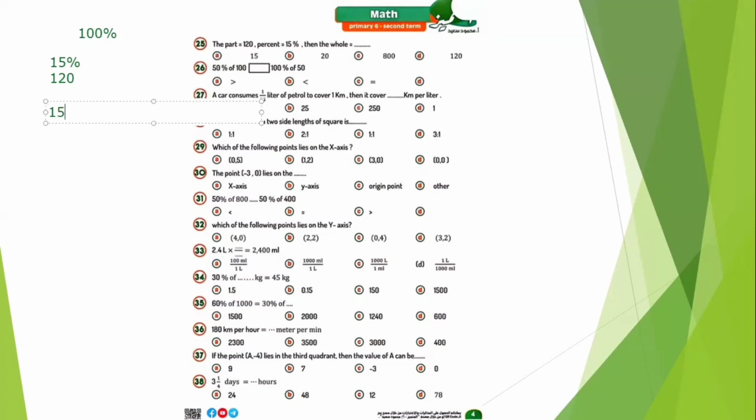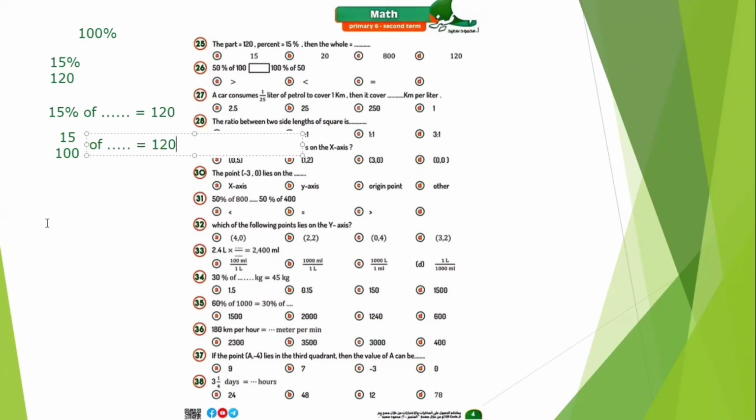15% of the whole, which I don't know, equals 120. First, let's write 15% as a fraction: 15 out of 100 of the whole equals 120. Now, let's use the same steps: divide, then multiply.